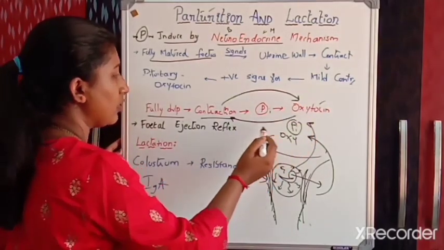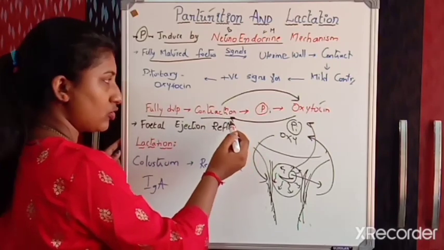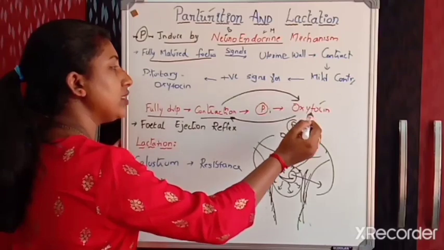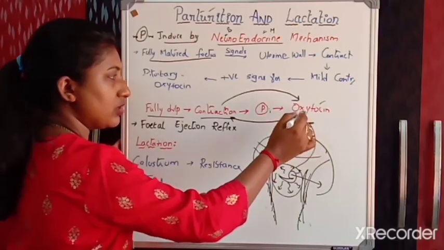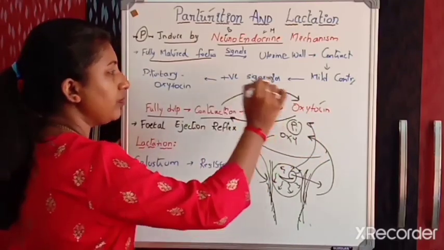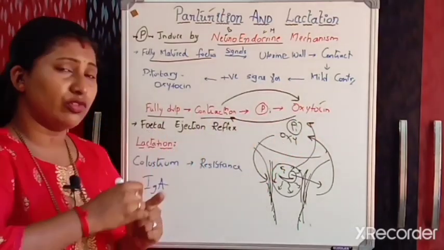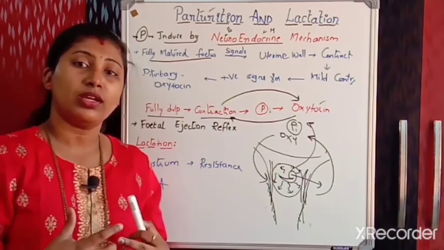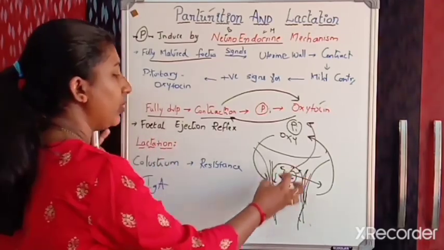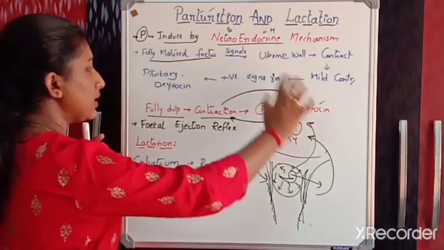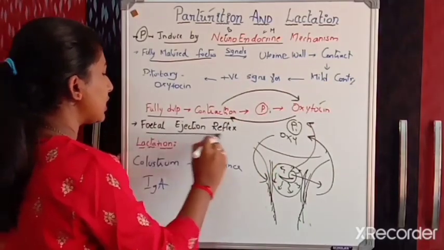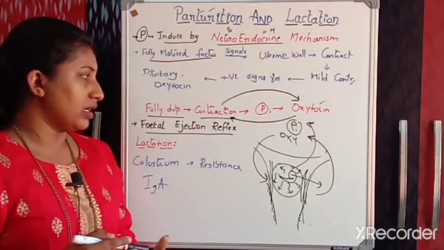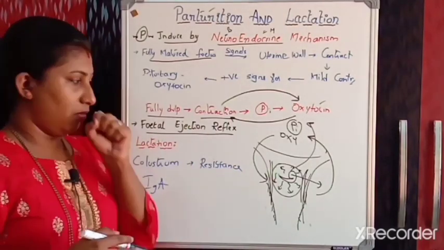Release of oxytocin makes the uterine wall contract more strongly, which makes the pituitary release more oxytocin, and so on, until the contraction is vigorous. At one point the contraction will be stronger and stronger, and that time the baby will come out. This process is called the fetal ejection reflex. Clear? Here fetal ejection means it is coming out, reflex means method.